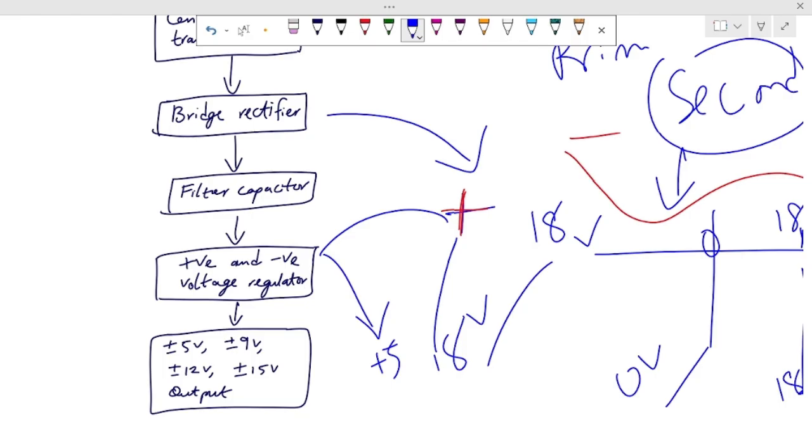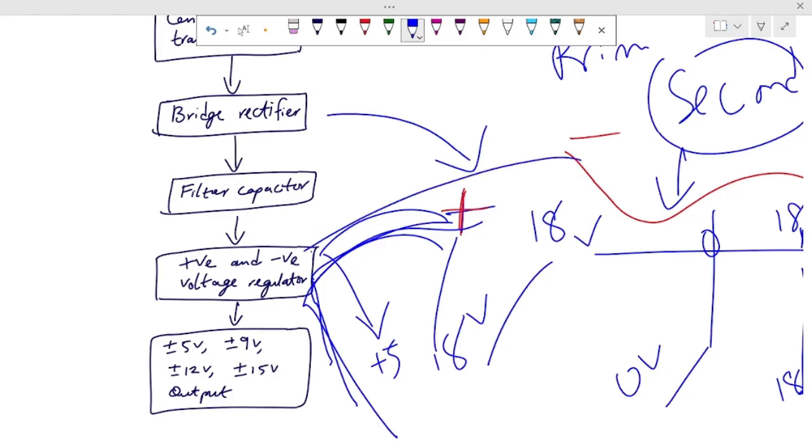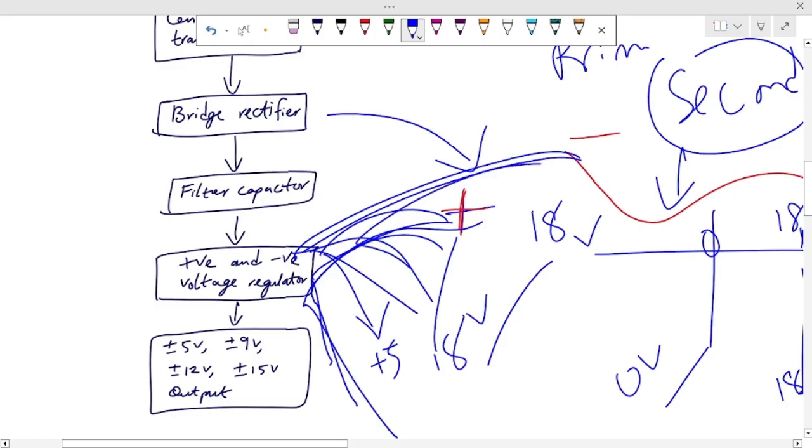That is for a 5 volt voltage regulator. Then it will take in positive 18 and give out positive 9, positive 18, positive 12, positive 18, positive 15. Exactly. Then for negative, it takes negative 18 and gives you negative 5, negative 18 gives you negative 9, and so on. So different voltage regulators will be used for it.